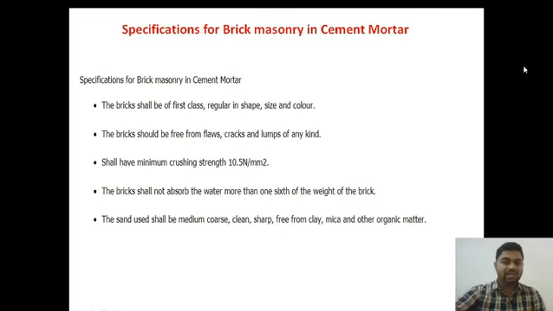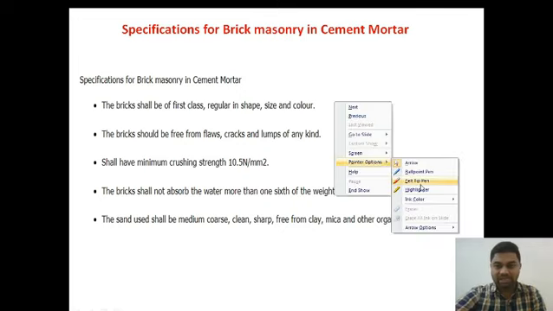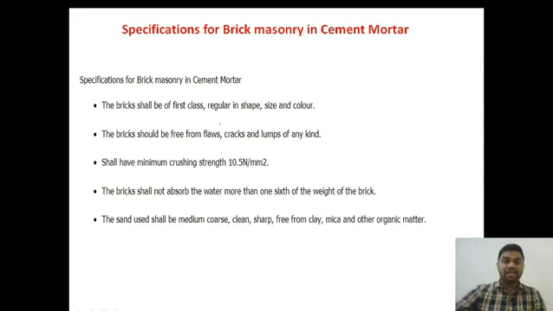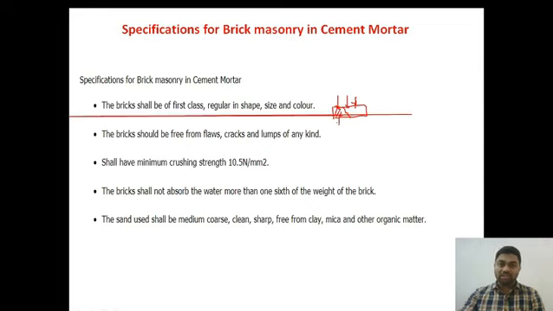What happens if the bricks contain cracks? Different settlements in the brick occur due to the loading. So if the brick has crack formation and loads act on the brick, if at this point the load is more, this part of the brick settles more.